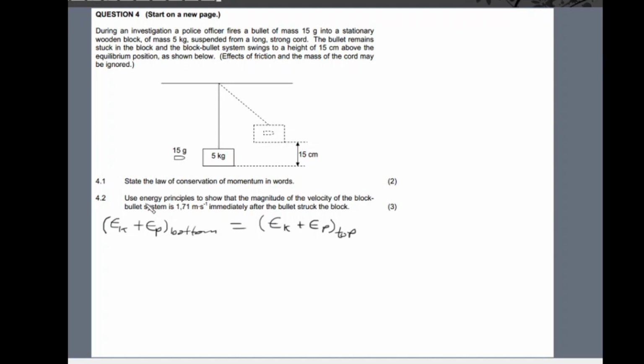Right, so this is that energy principle. The total energy at the bottom will be equal to the total energy at the top.